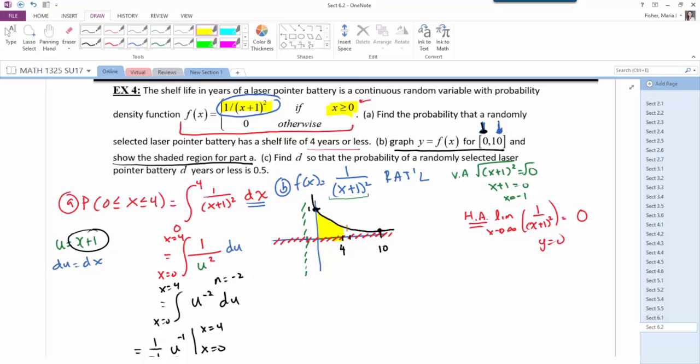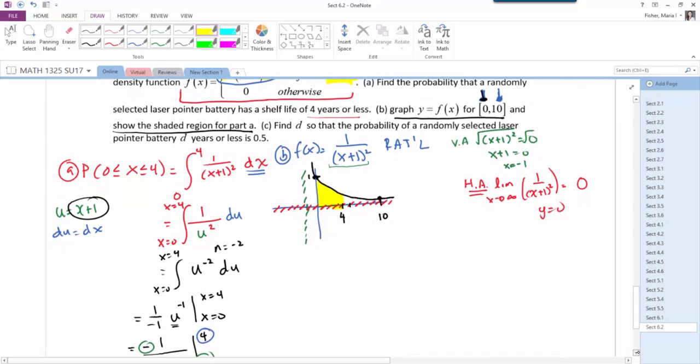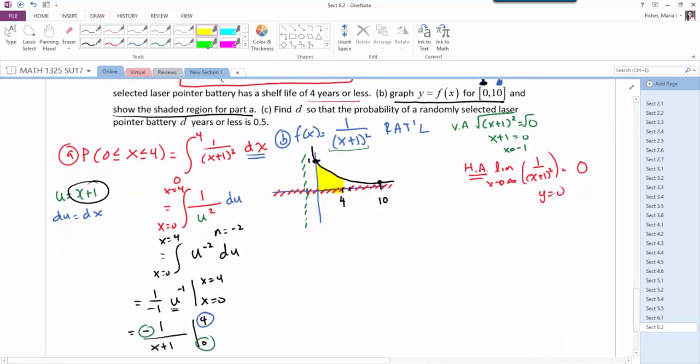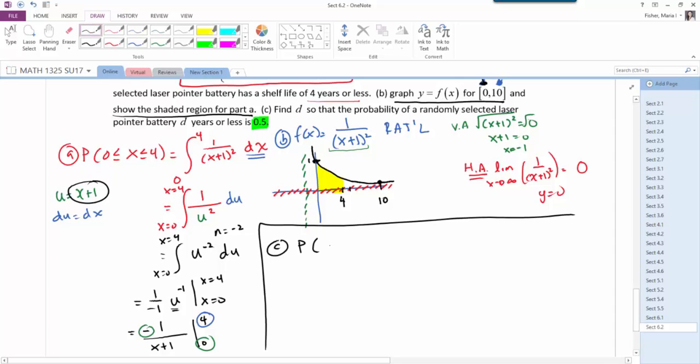Part C says find D so that the probability of a randomly selected laser pointer battery lasting D years or less is 0.5. So this question is different because it's actually giving me what the probability is. So it's saying that the probability from 0 to D is going to equal 0.5.